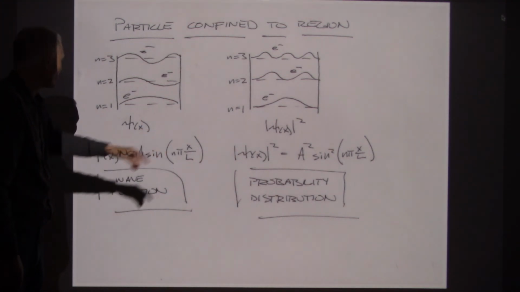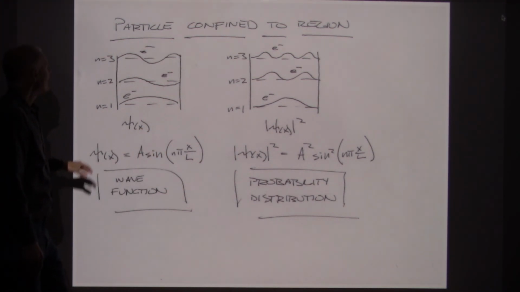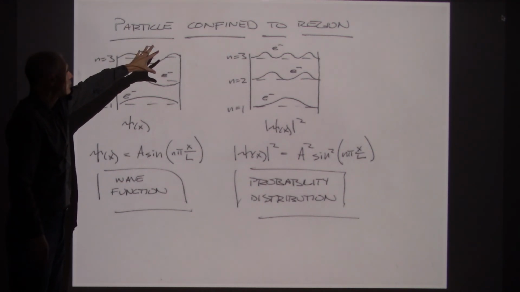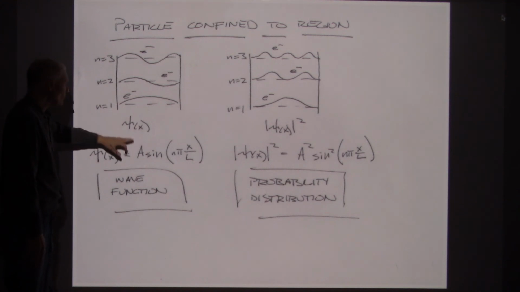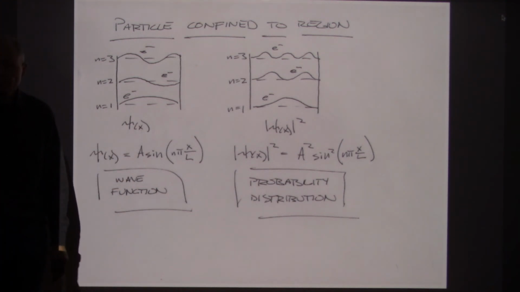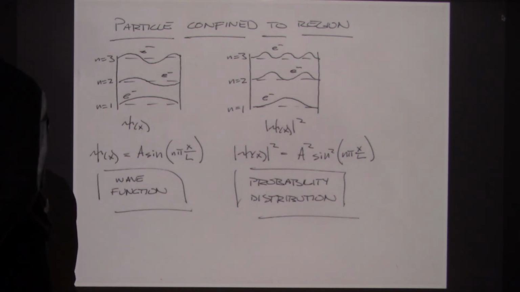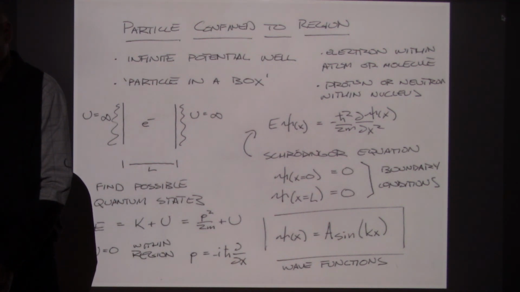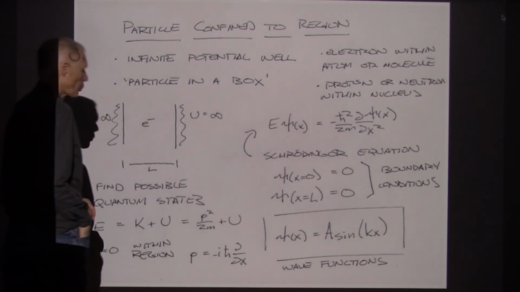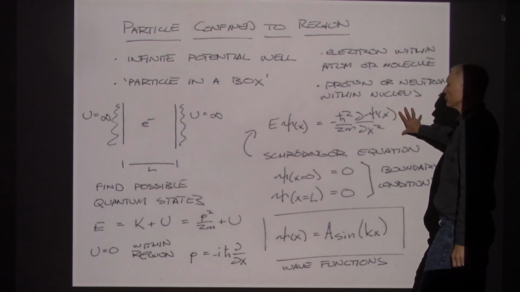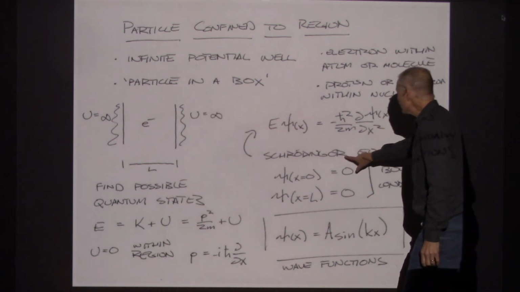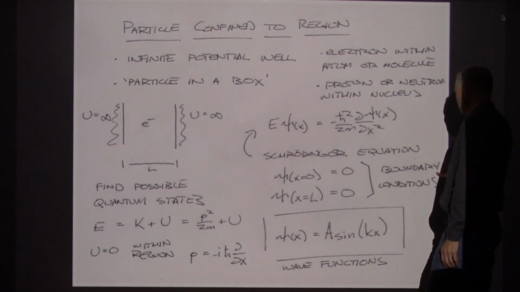So squaring the wave function gives the probability, and it turns out for a particle confined to a region, it's just a one-dimensional example right now, those are given by sine functions. So this is the Schrodinger equation that we start from, and these are what are called boundary conditions.